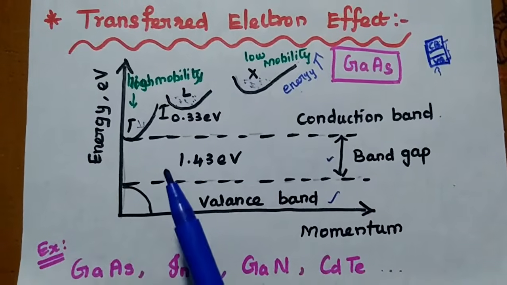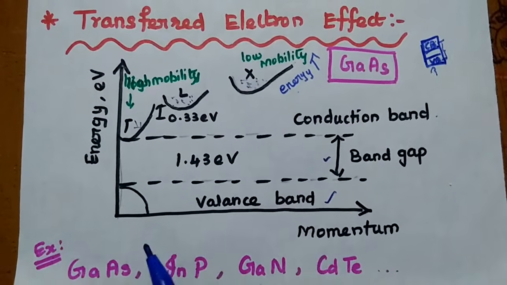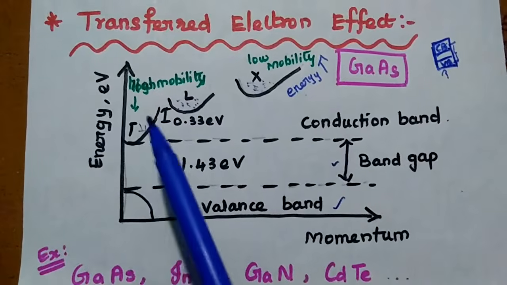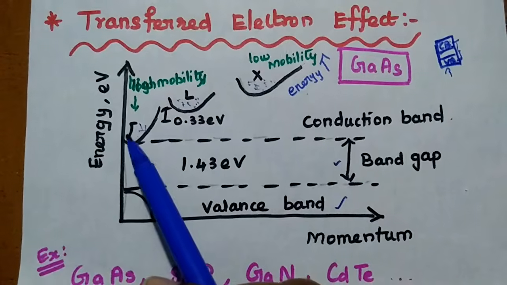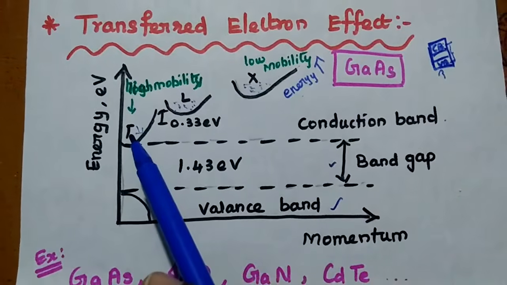At a low electric field given to this material, most of the electrons are present in the lower energy value with high mobility.